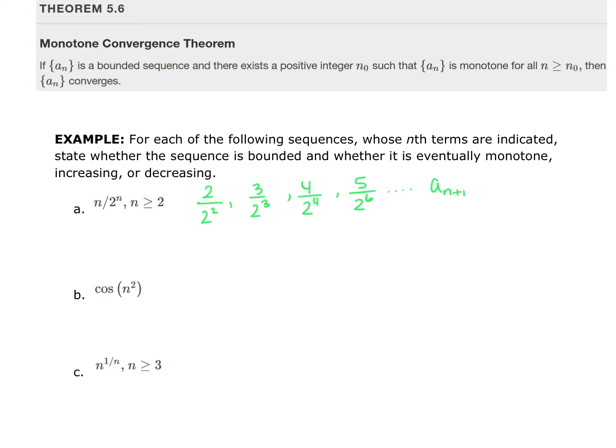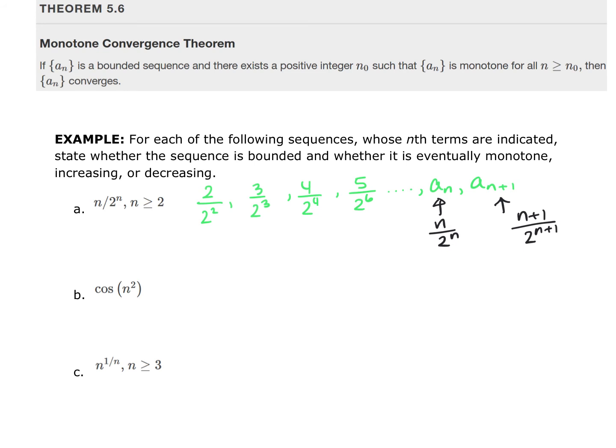Actually, let me do my a sub n term, which is n over 2 to the n. And then this one would be in the form of n plus 1 over 2 to the n plus 1.